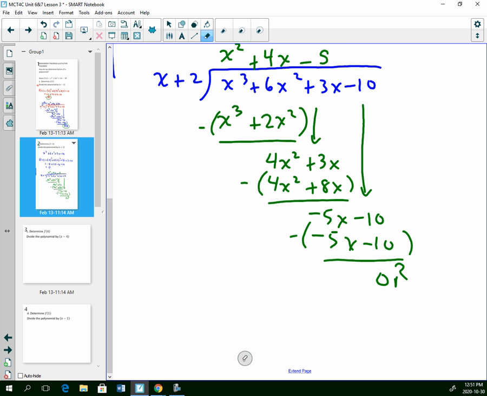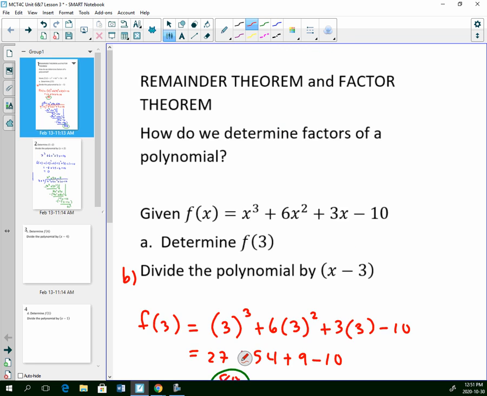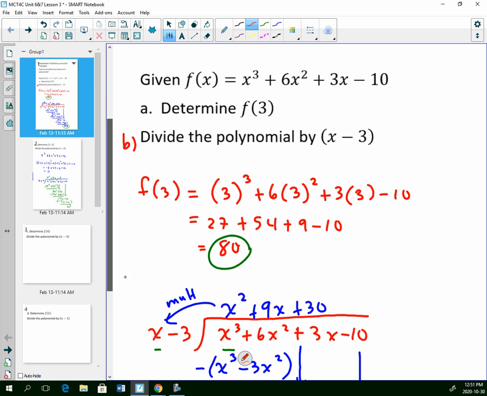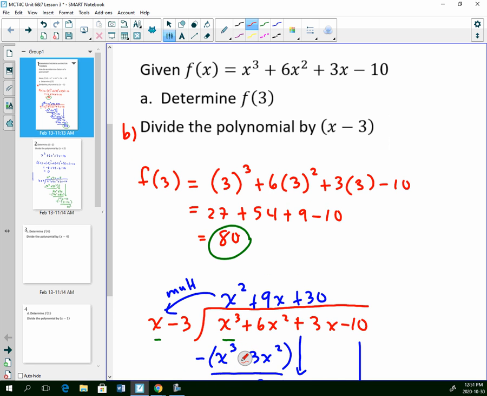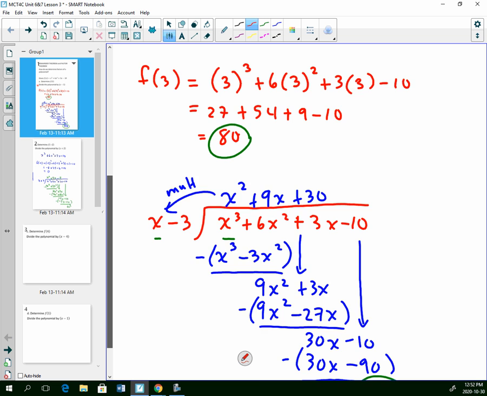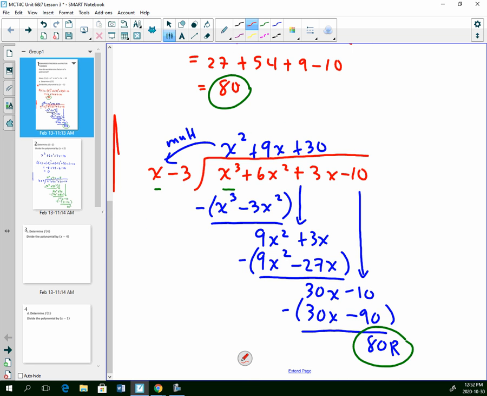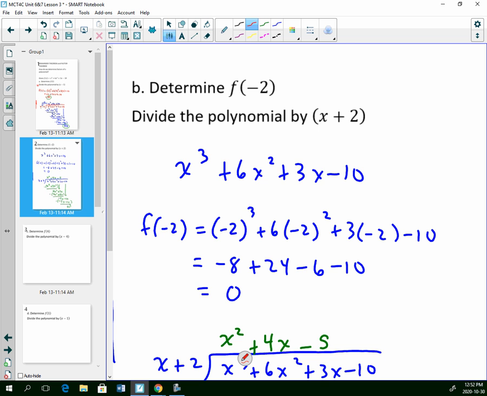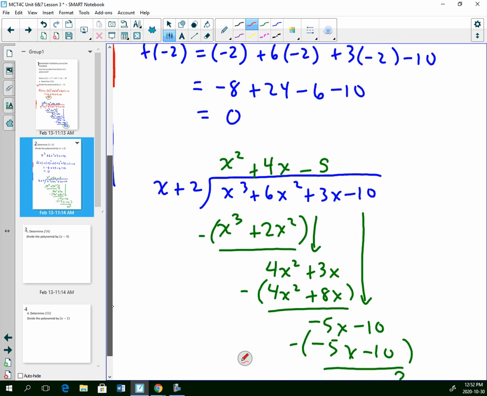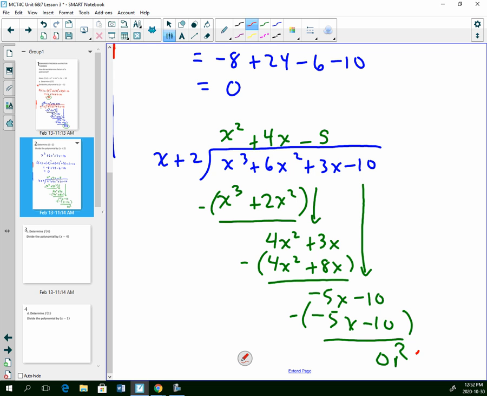And so looking at the first question, when I put in f of 3, I got 80, and when I divided by x minus 3, I ended up with a remainder of 80. If I put in f of negative 2, I got 0, and if I divided by x plus 2, I got a remainder of 0.